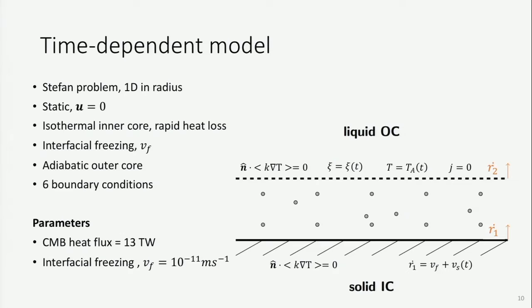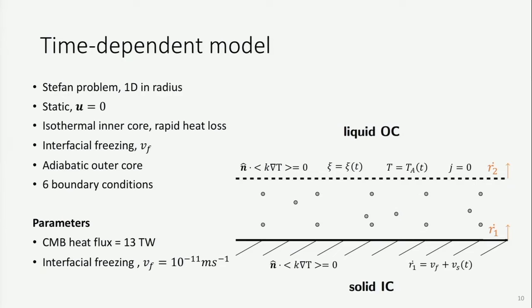To account for that, I've introduced a small interfacial freezing term at the inner core boundary so that you don't get boring constant solution temperature profiles, and it lifts the temperature from the inner core onto the liquidus. As I mentioned earlier, the outer core will follow an adiabatic profile, and the system is solved subject to 6 boundary conditions. You've got the continuity of heat flux at both boundaries.